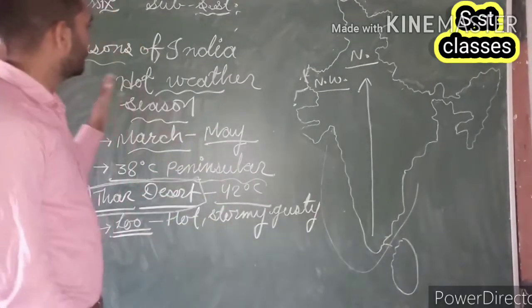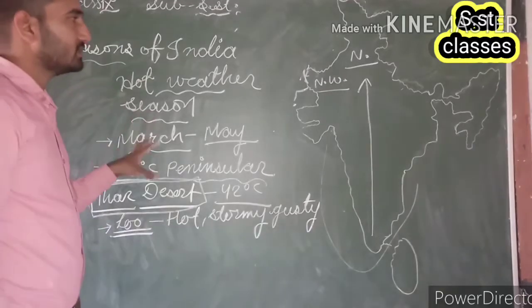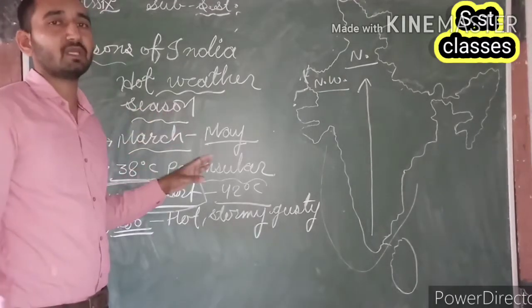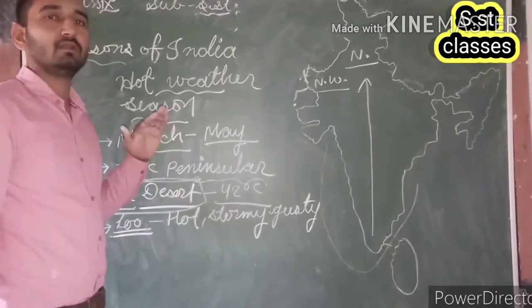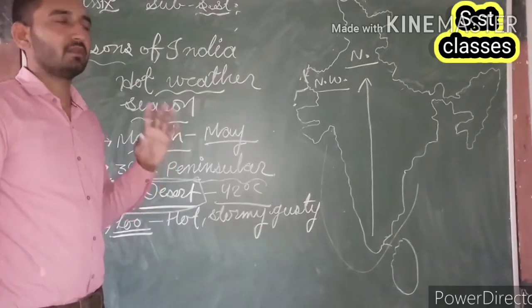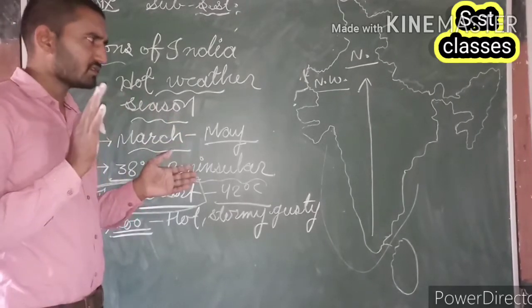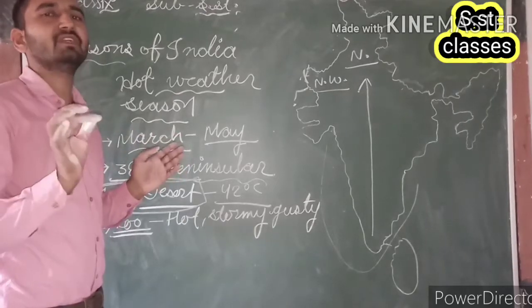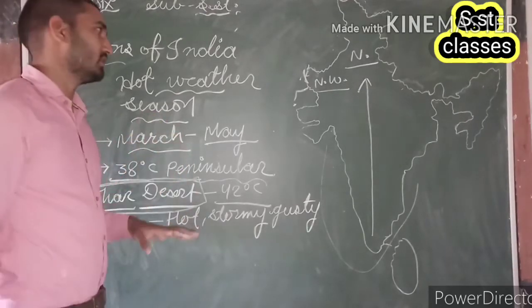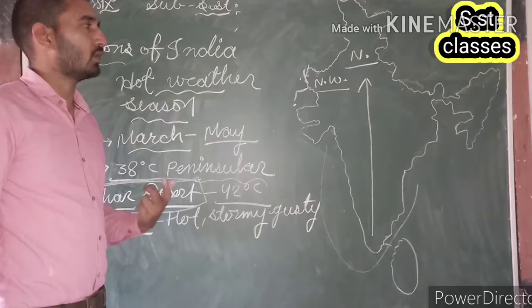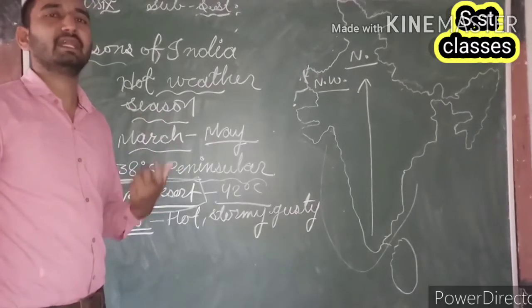Along with that, in this season, sometimes we find dust storms. These dust storms generally provide a brief relief from the hot temperature. Sometimes they also cause a small amount of rainfall.